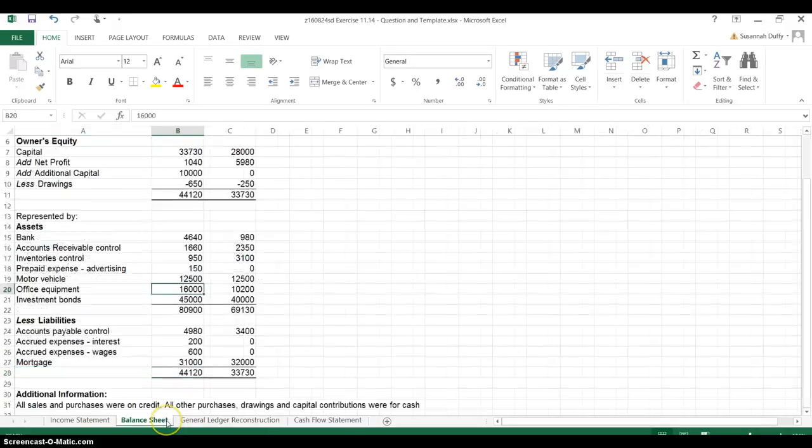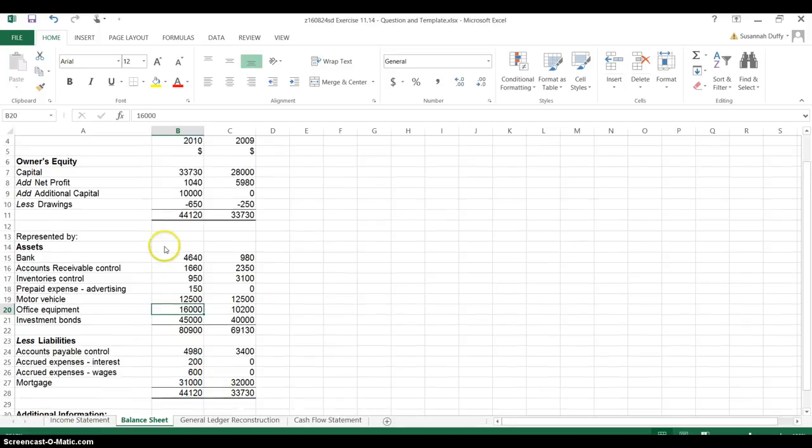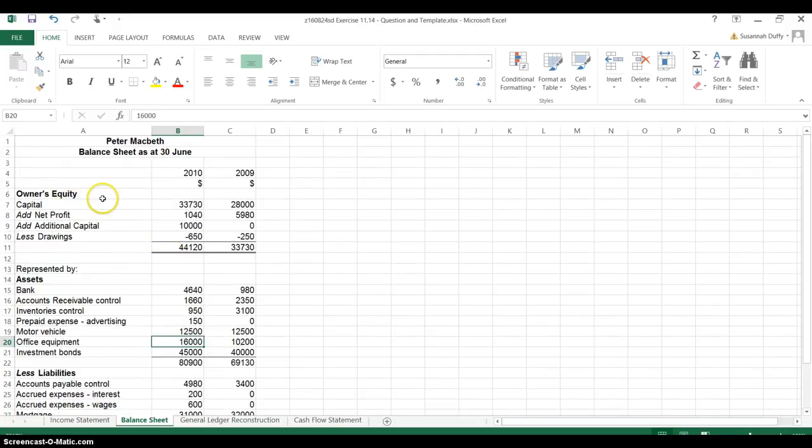So if we go over to our balance sheet and we have a look at liabilities, there is a mortgage that's decreased. So it hasn't increased, so that's not an inflow, so we'll deal with that when we look at outflows. And then if we go up to our owner's equity section, we can see that capital has increased, which is our net profit from last year, is why that's increased from 28 to 33. And then if we go down, there's also been this additional capital.